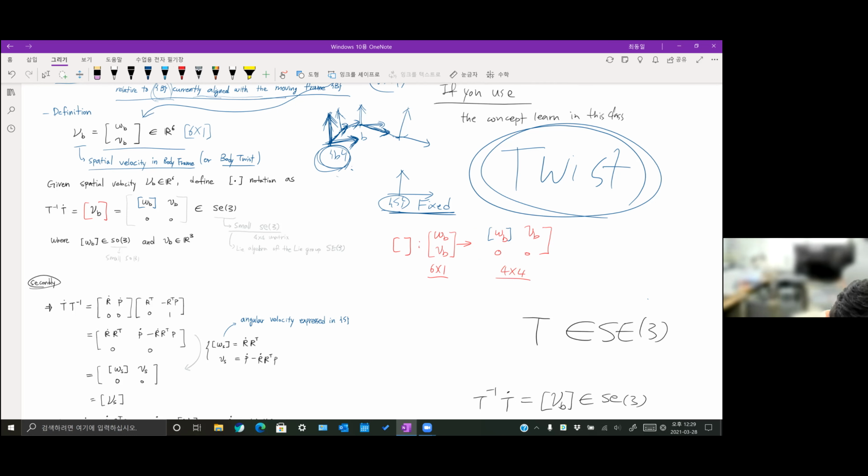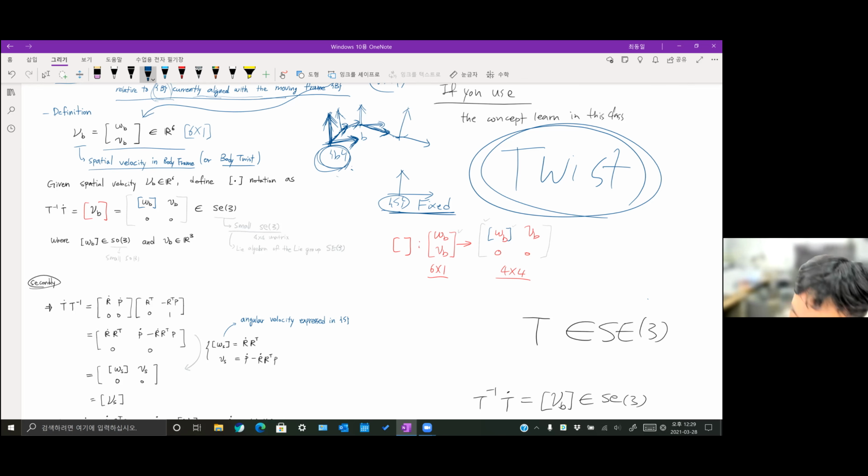And also this bracket means just the general matrix bracket. So this bracket and this bracket have different meanings. But in the following classes, I will use the same bracket.